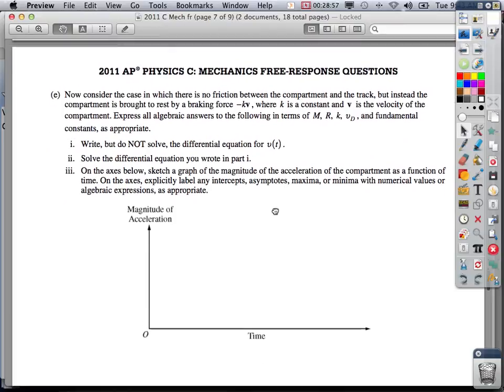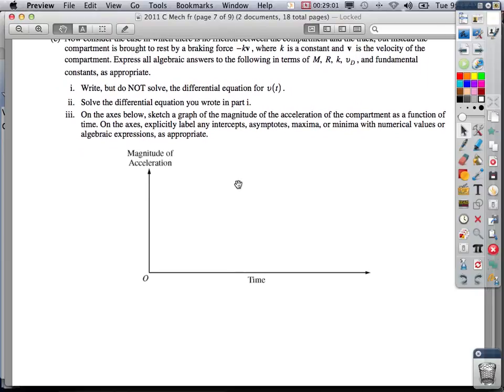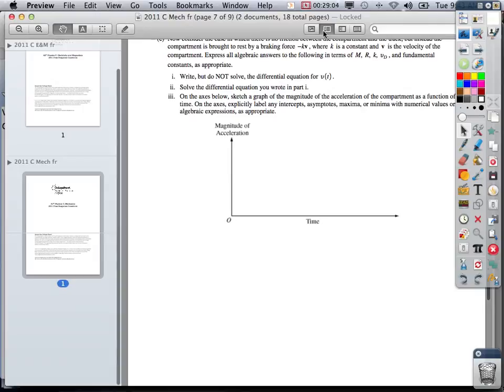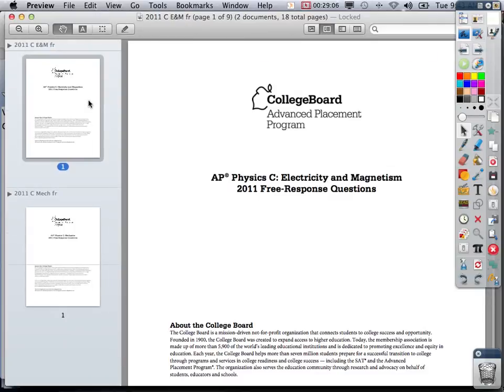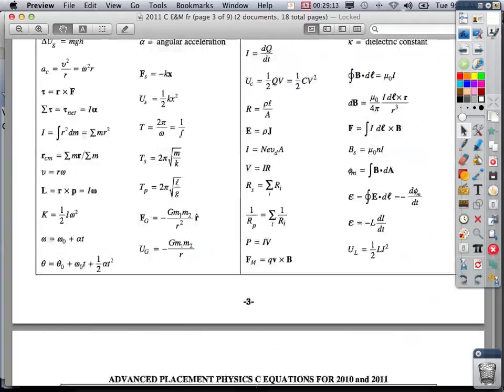I'll try to look into it further and find out why, and I'll come up with something tomorrow. But I want to go ahead and do the E&M one today before we leave. Okay, so let us move on to E&M.